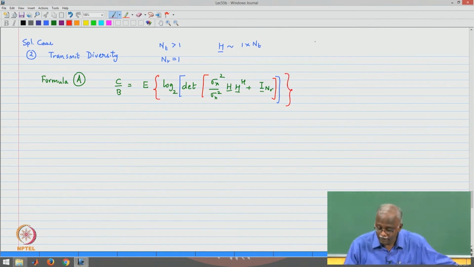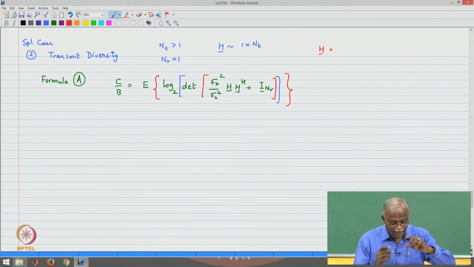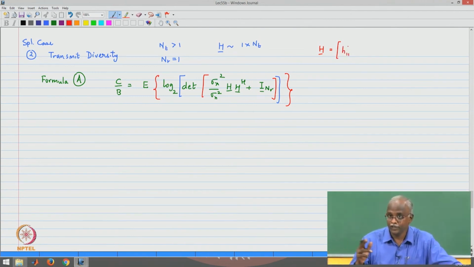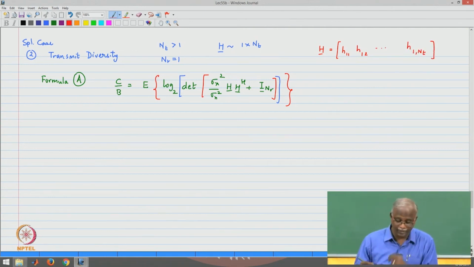Now, I would like to write down what H looks like. H is one receive antenna, multiple transmit antennas. So, it looks like H11, first transmit antenna to the first receive antenna, H12, second transmit antenna to the first receive antenna, all the way to H1 comma NT, from transmit antenna NT to the first receive antenna.